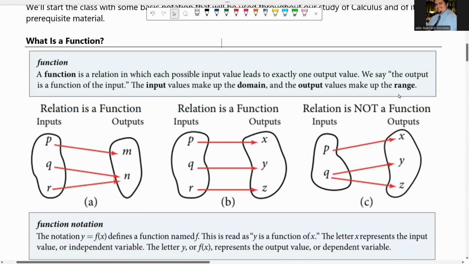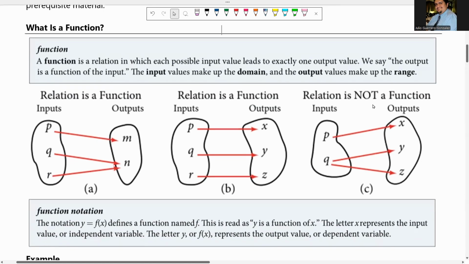The first thing I'm going to define is what the heck a function is. A function is a relationship, a relation between two sets of values. Each possible input value leads to exactly one output value. If you have something that does that, we call that relationship a function.